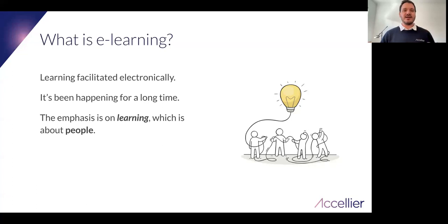If we set a learning outcome, what we want from the people doing the learning is to make a change, to develop the skills, the knowledge, the attitudes. And that doesn't change, whether that's in the classroom or as part of an e-learning course.